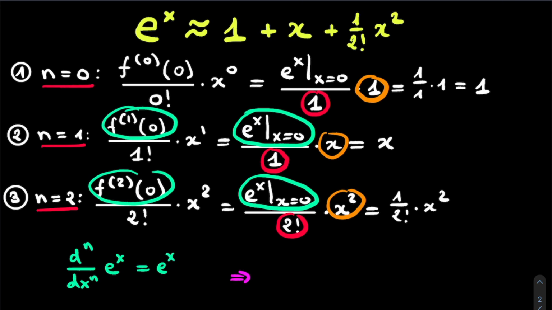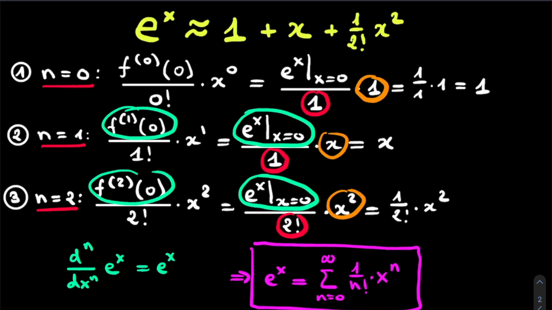We have that e to the power of x will be equal to the sum from n is equal to 0 to infinity of the following. We have this factorial in the denominator, 1 over n factorial, multiplied by x to the power of n. And this will be our Taylor expansion for e to the power of x.